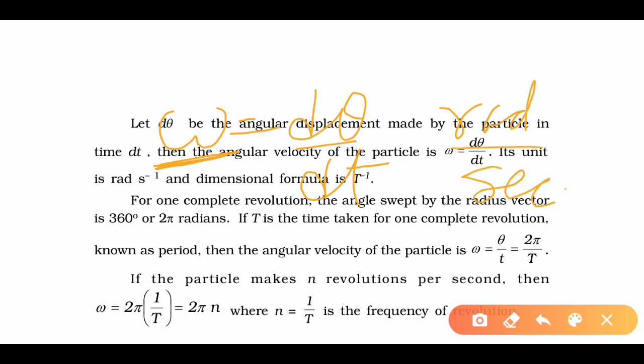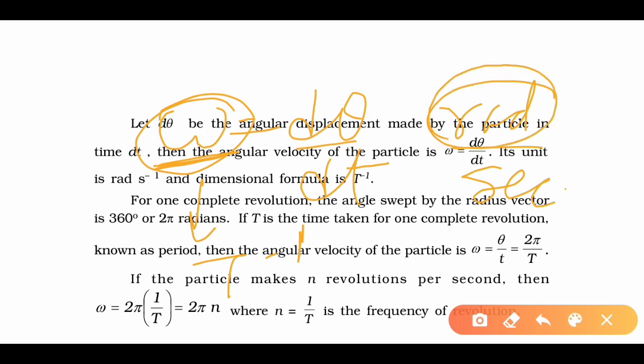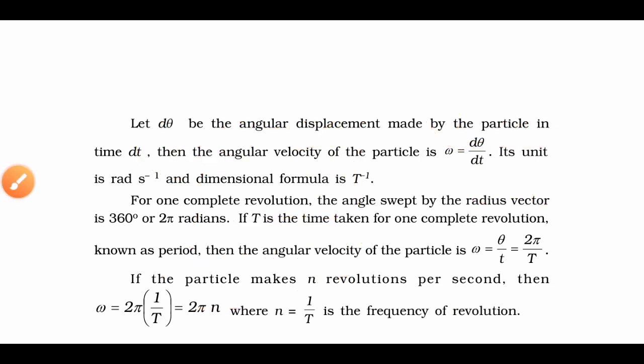The dimensional formula for angular velocity will be T raised to the power minus 1, because the dimensional formula of radian is not defined. So we can say the dimensional formula for this quantity is 1. So the dimensional formula for angular velocity will be T inverse.